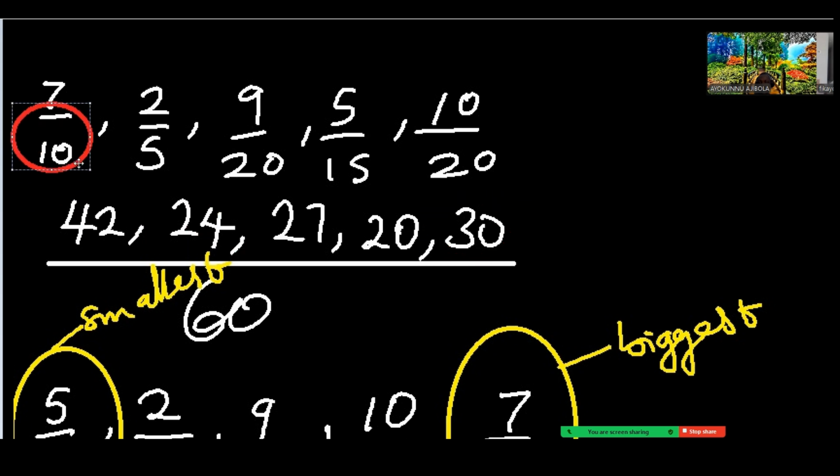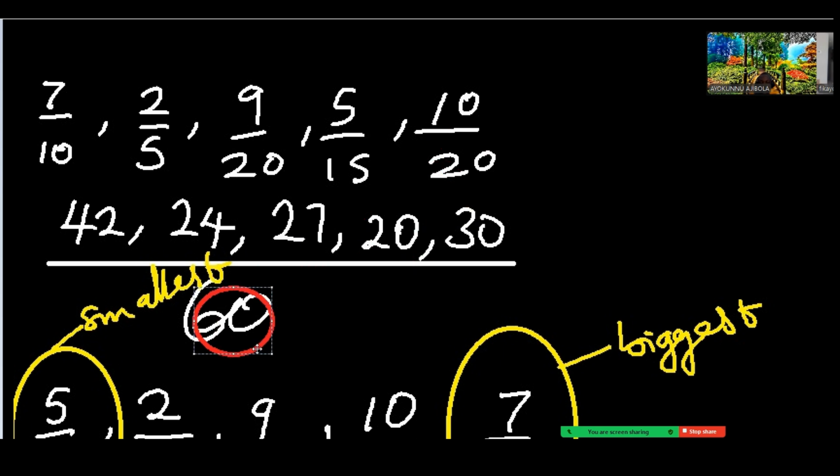Now let's start again. 10 in 60 is 6. 6 times 7 gives us what? 42. 5 in 60 is 12. 12 times 2 gives us what? 24. 20 in 60 is 3. 3 times 9 gives us what? 27. And 15 in 60 is 4. 4 times 5 gives us what? 20.